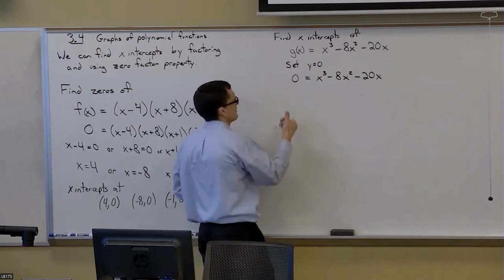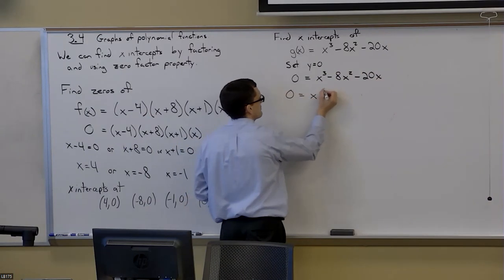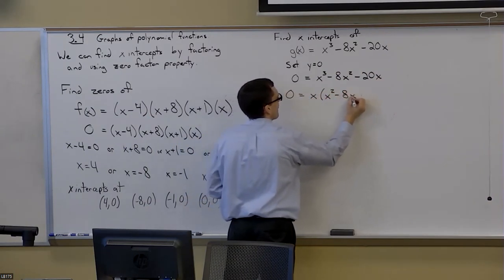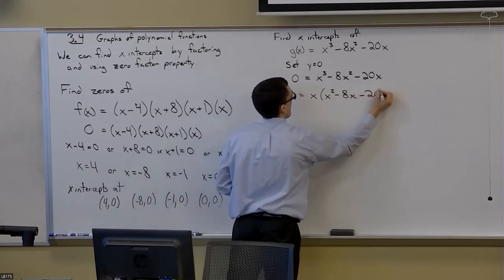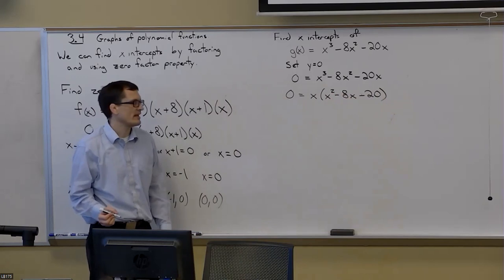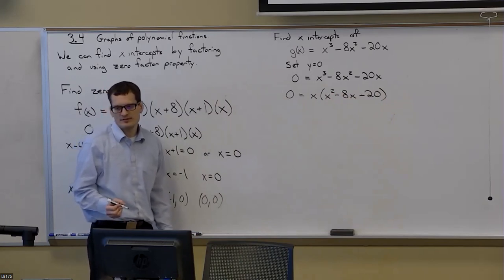So I'm going to factor a greatest common factor of x out. I'm left with x squared minus 8x minus 20 in the parentheses.